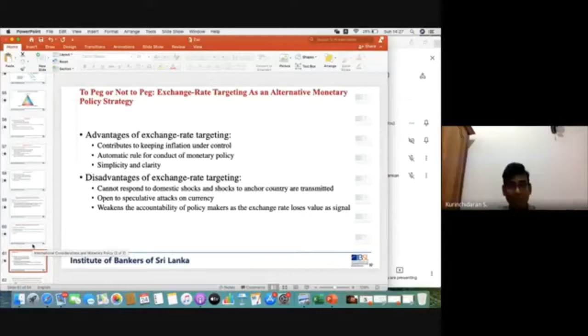If you assume that other factors are constant, then you can control your inflation. It's also a very simple, clear and automatic rule for the conduct of monetary policy, right?